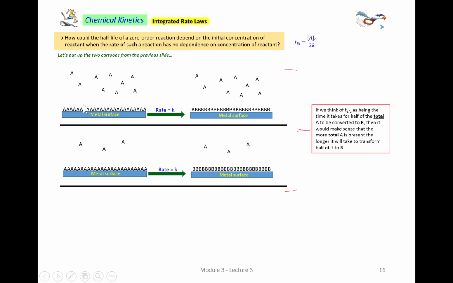So hopefully now it makes some sense as to why the rate could show no dependence on the concentration of A, but the time it takes for half of the A, total A, all of the A to disappear would depend on how much A is present.